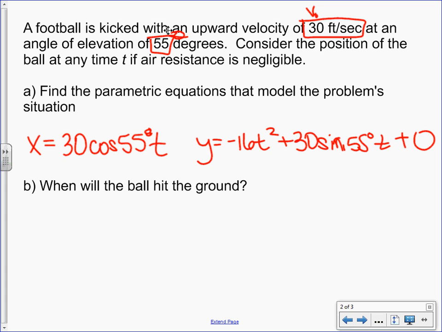Okay, so let's look at a couple things. I want to know when the ball will hit the ground. How would I find when the ball is going to hit the ground? Okay, the ground is when our height is 0, so we can plug 0 in for Y to solve for our time.